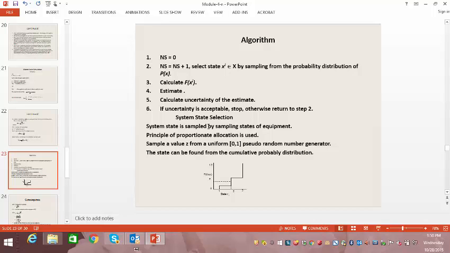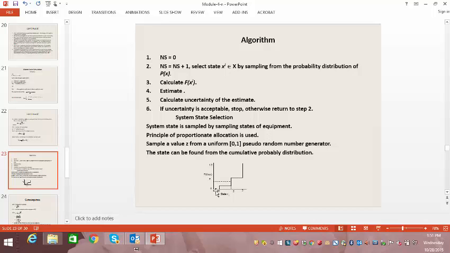The system state is sampled by sampling states of the equipment or components, and the principle of proportionate allocation is used, which means that the states which have higher probability should be sampled more times than the states which have lower probability.